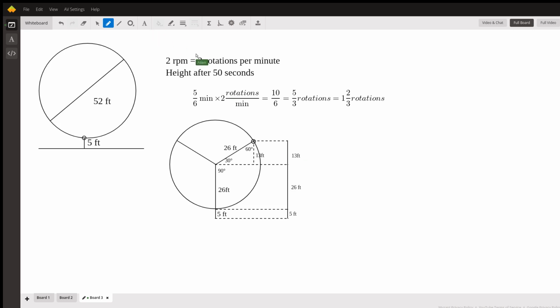And from there, we can find the total height of 13 plus 26 plus 5, which is equal to 39 plus 5, which is equal to 44 feet. And there we have the solution to our problem.